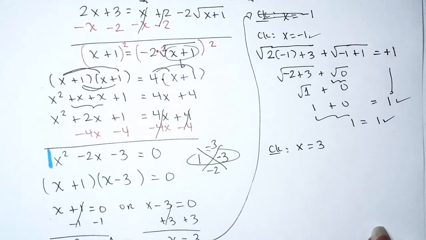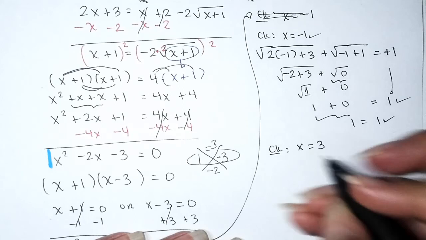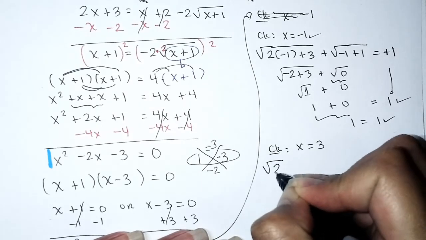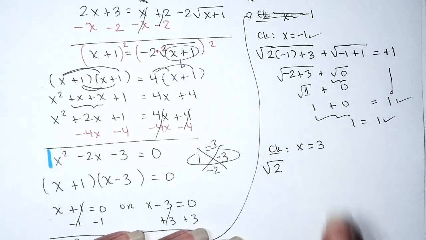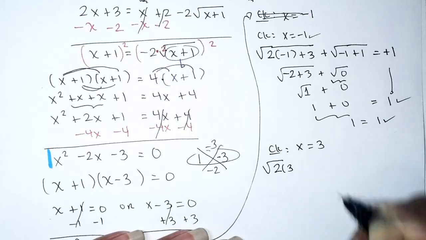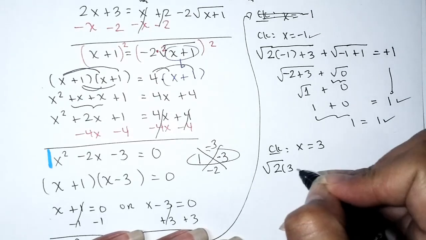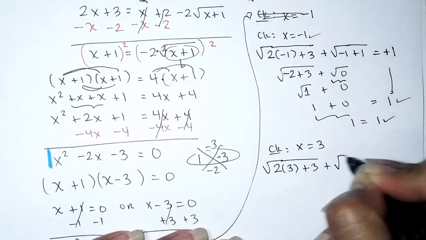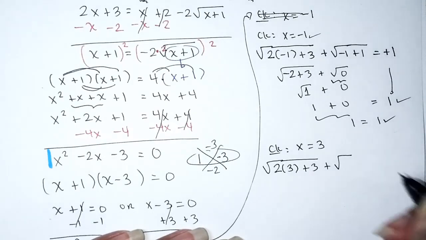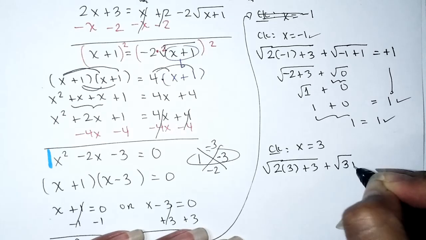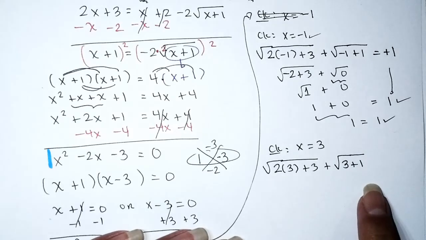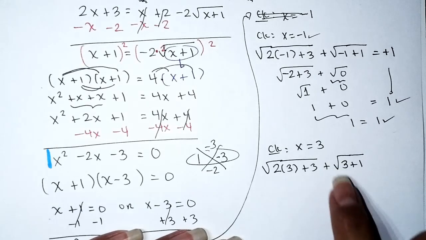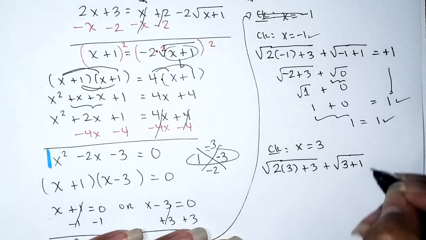So you're just gonna have to trust me. So the equation reads 2 times x. Okay, x is 3. Square root of 2x plus 3 plus square root of x plus 1. So that will be 3 plus 1. We're substituting the 3 for x is equal to 1.